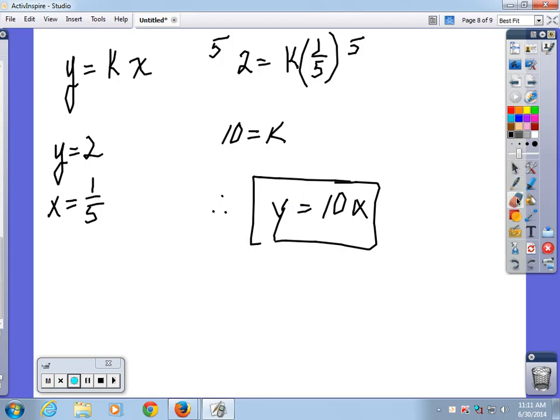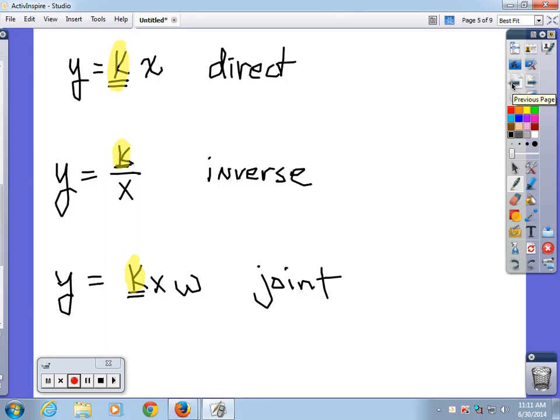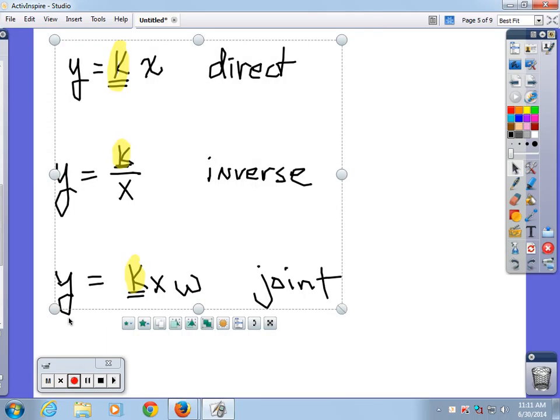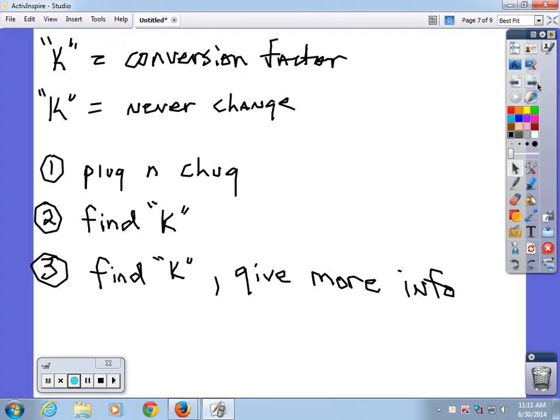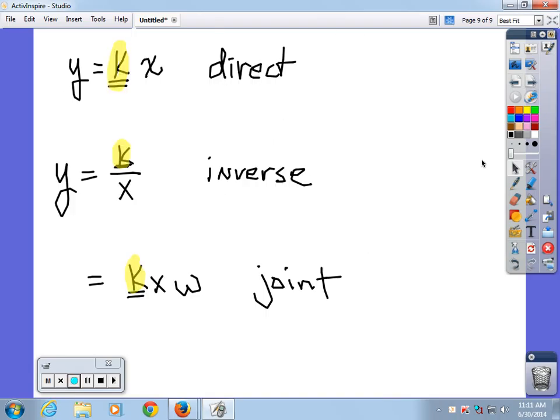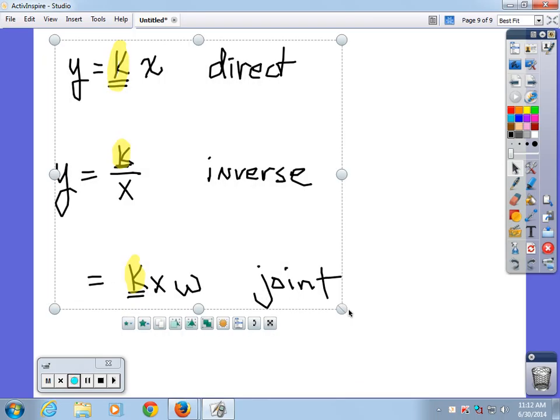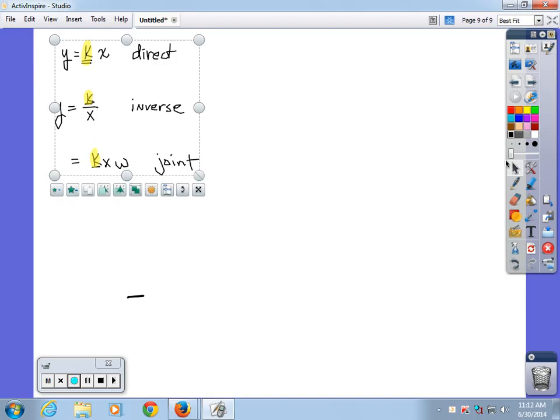Y is equal to 10x. I need to go back. There we go. Okay.